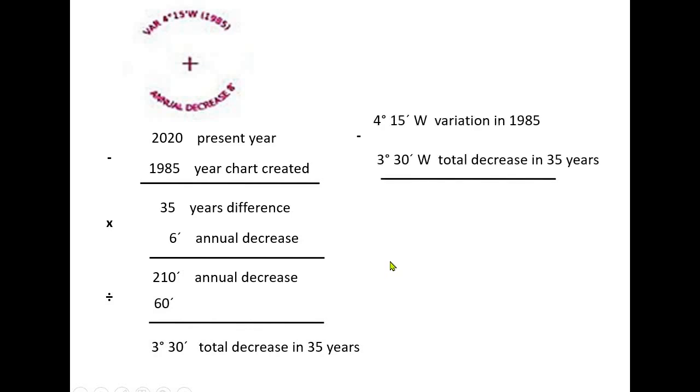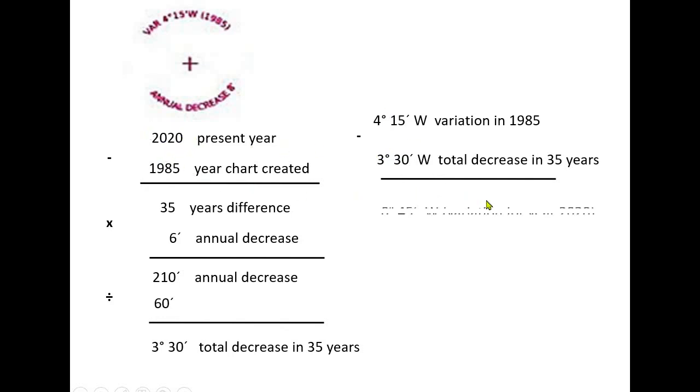Okay, so to continue, the variation says 4 degrees 15 minutes west in 1985. The total decrease in 35 years is 3 degrees 30 minutes. Why are we showing you this? Because we are trying to find the variation in 2020.